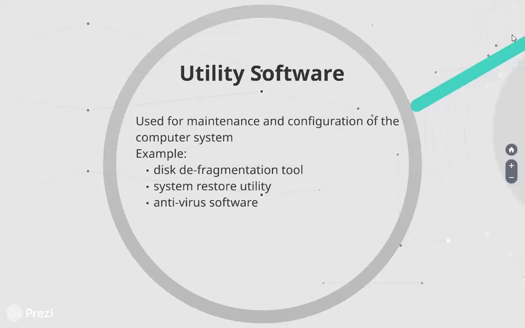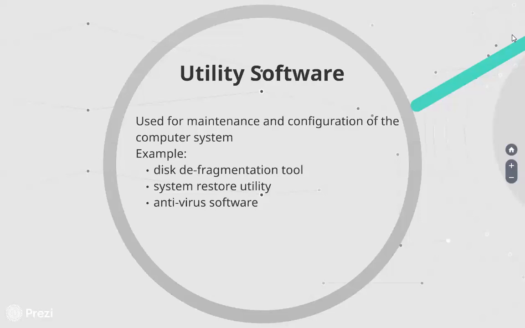That takes time. So just to reduce that, we run this utility called the disk defragmentation tool. What it does is collect them together and store them in a particular place. This is what the disk defragmenter does.